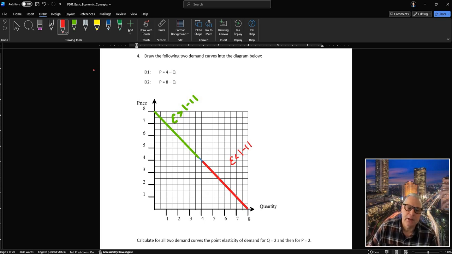And here in the middle, the elasticity is equal to -1, or in absolute terms 1.